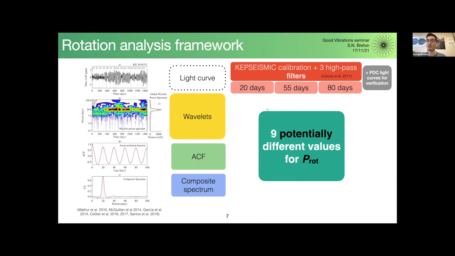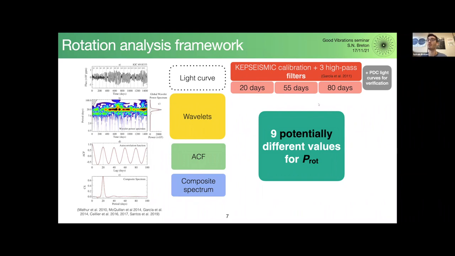Kepler is known to present modulation in the light curve due to the observation in quarters of 90 days. So to reduce these instrumental modulations, we use 3 high-pass filters in order to filter at most the instrumental modulation.